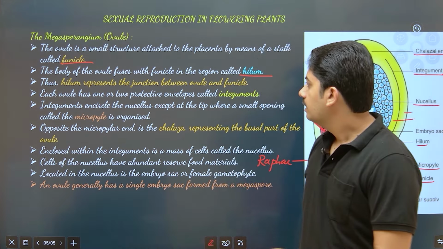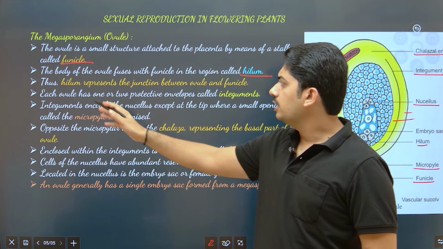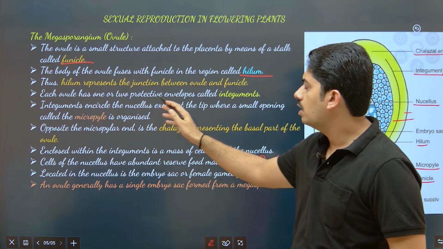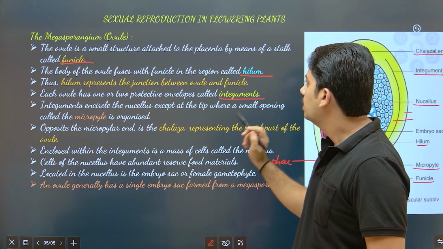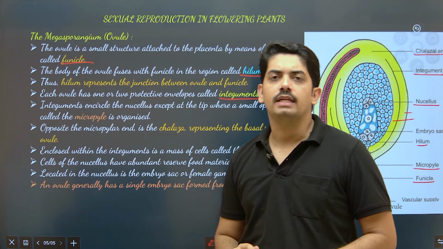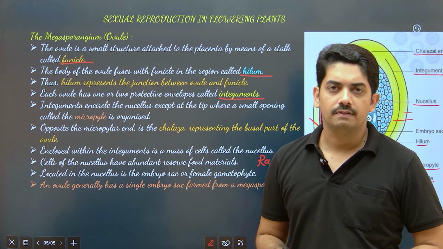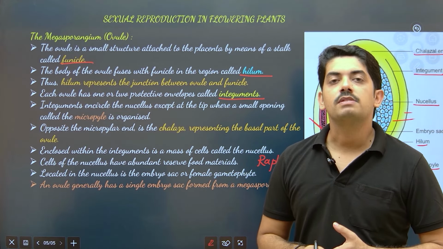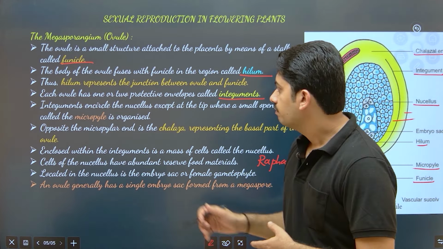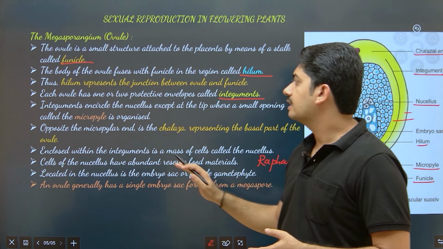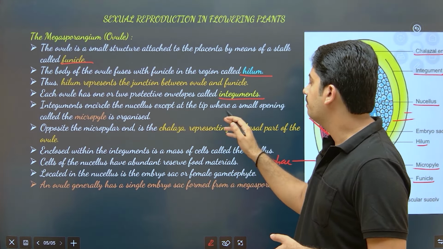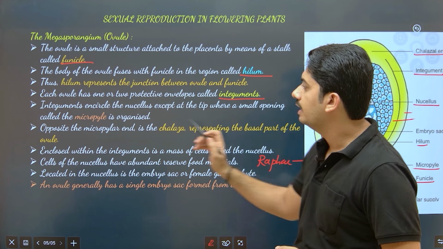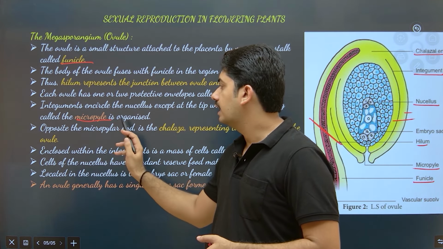Now each ovule has 1 or 2 protective envelopes called integuments. Do you know what happens to these integuments after fertilization? They become seed coats. So integuments encircle the nucellus except at the tip, where there is a small opening called the micropyle.